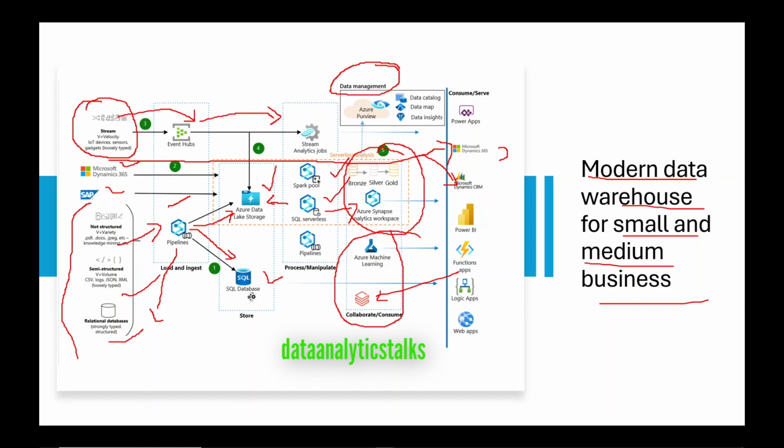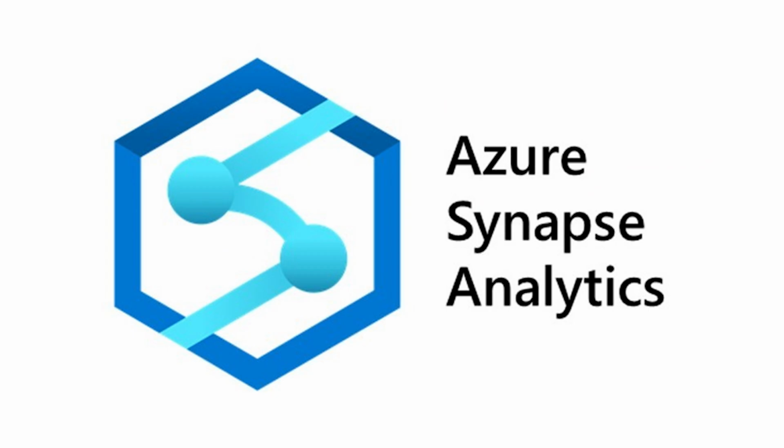If you would like to understand these components, Azure Synapse Analytics is an analytics service that combines data integration, enterprise data warehousing, and big data analytics. So we will use Azure Synapse Workspace, Azure Synapse Pipeline, Azure Synapse Serverless SQL Pools, and Azure Synapse Serverless Apache Spark Pools.